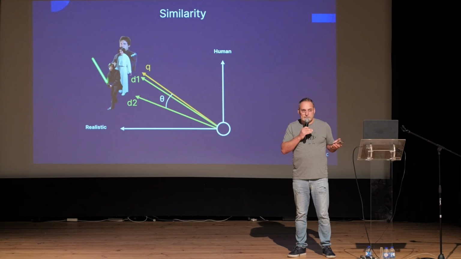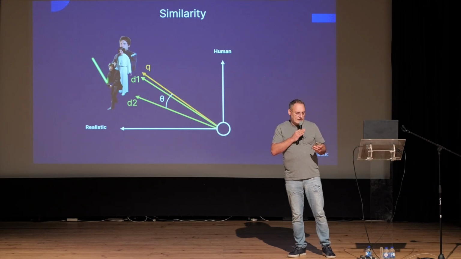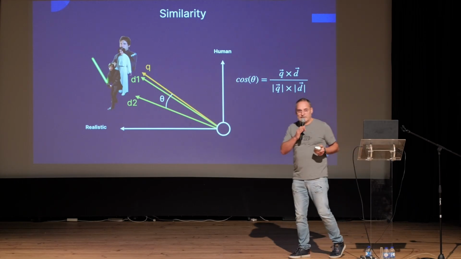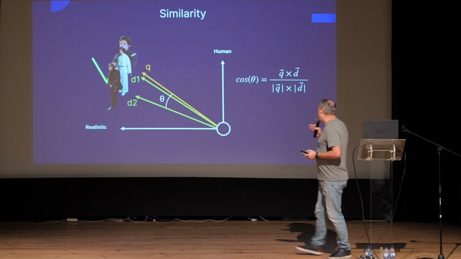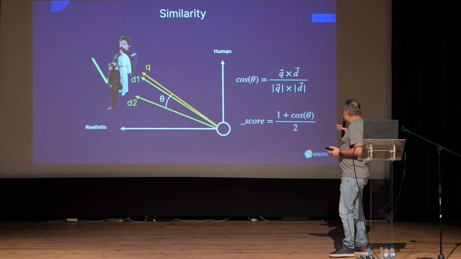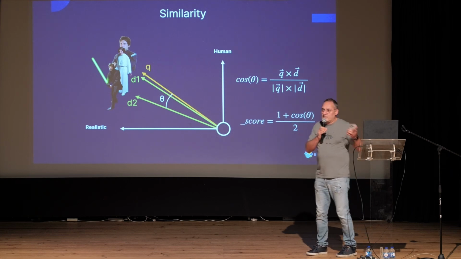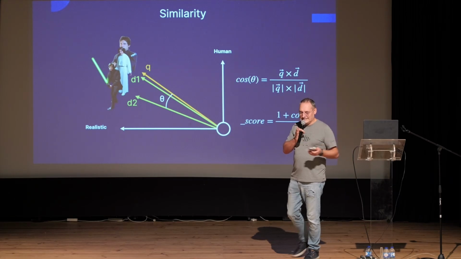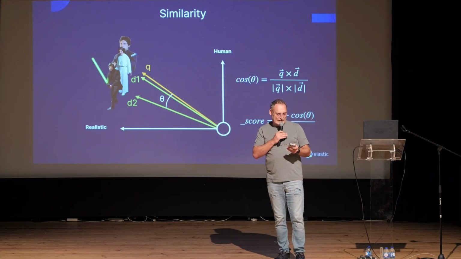You did that? Yeah. And probably you computed the cosine. You did that, right? I'm sure. Actually, you did even more than that. You computed a score, which is 1 plus the cosine divided by 2. This is exactly what you did mentally. You are not yet sure, but yes, you did that.